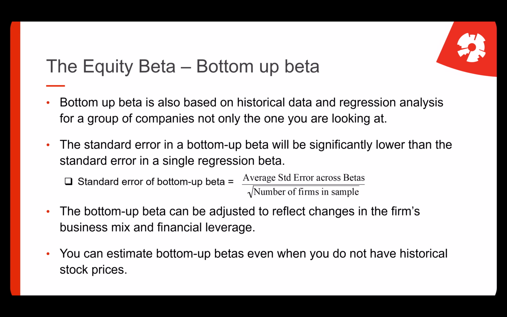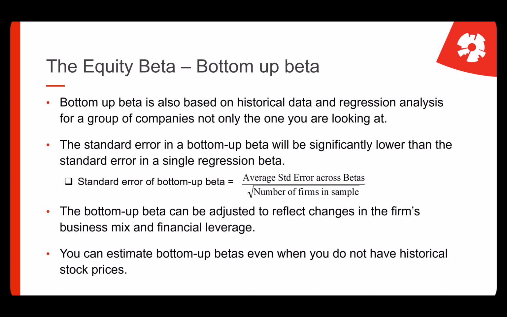Now instead of relying on noisy regression betas for a single firm, we use the bottom-up approach. Here we collect regression betas for a group of comparable companies and we average them. By doing this, we dramatically reduce the standard error and get a more reliable estimate of risk.